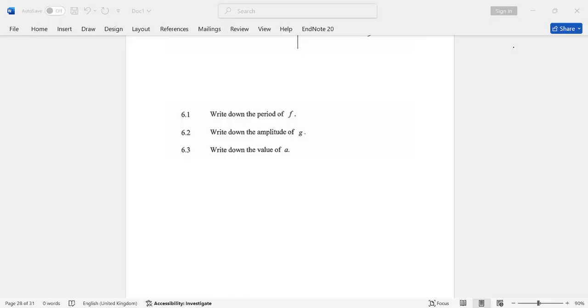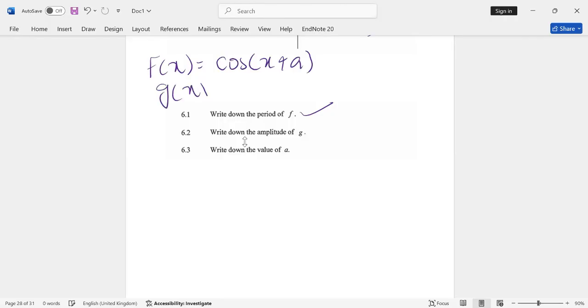Write down the period of f. As you know, the function we have is f(x) = cos(x + a), and the g(x) function is equal to sin 2x. So 6.1, the function f(x) is this.